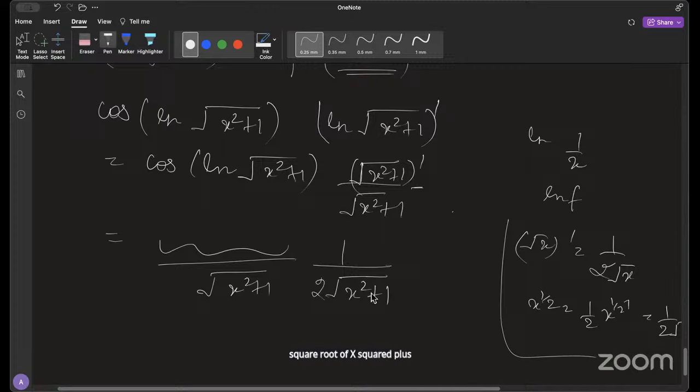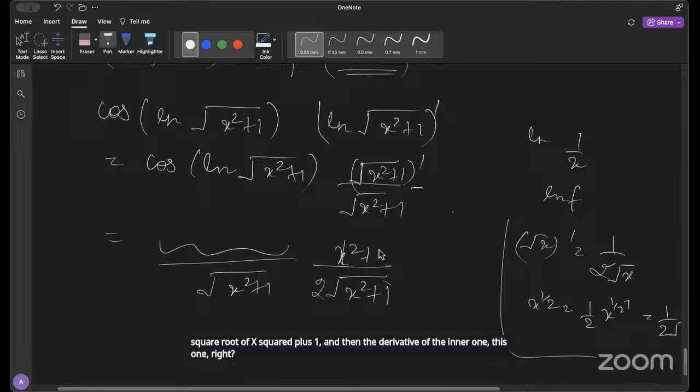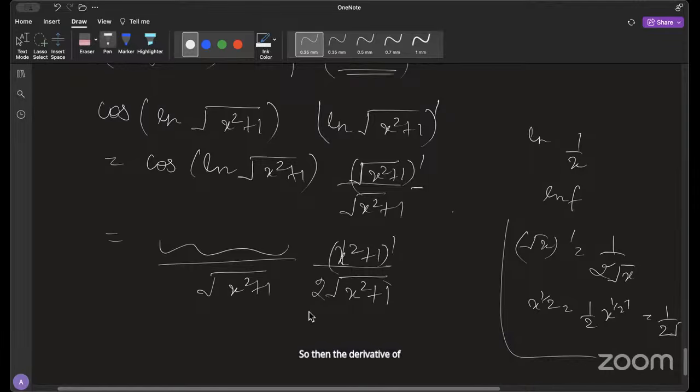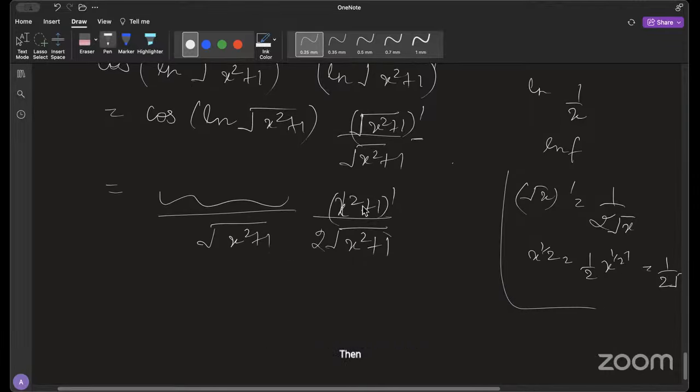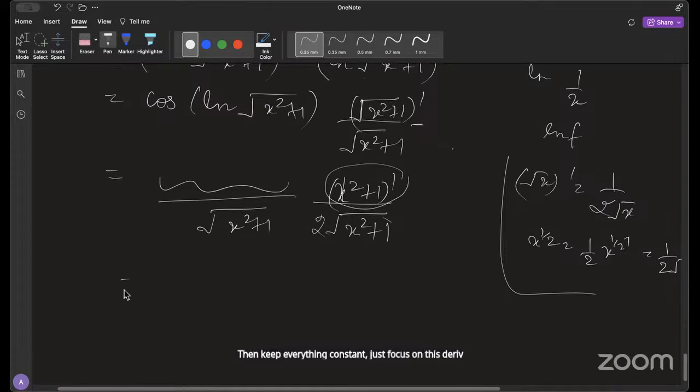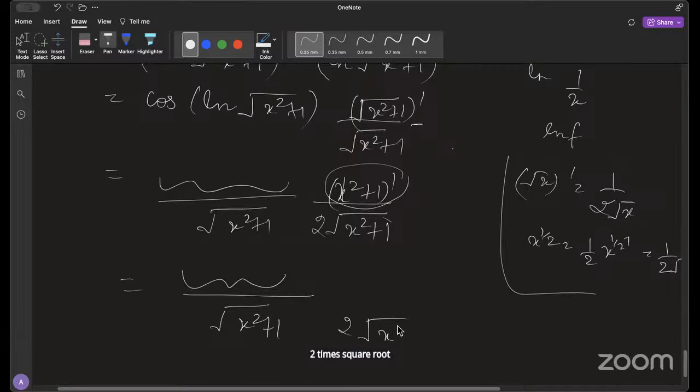And then the derivative of the inner one, the derivative of x squared plus 1. Keep everything else constant, just focus on this derivative. So it's 2 times the square root of x squared plus 1, and the derivative of x squared plus 1 is 2x.